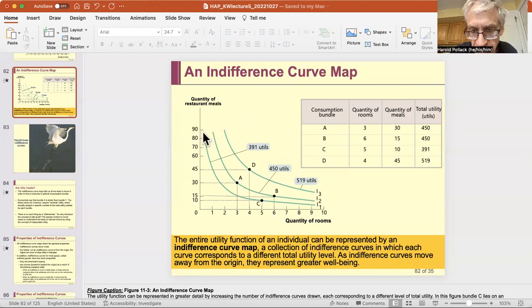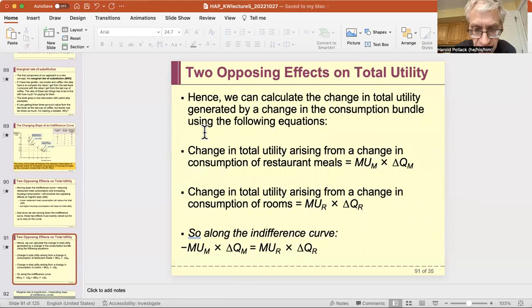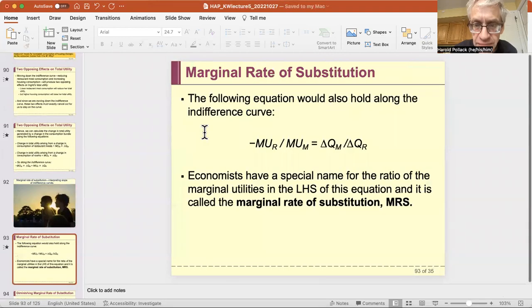It's the marginal utility of the rooms divided by the marginal utility of the meals at this point. And the marginal utility of a meal at this point is a very small number because I have so many meals. So I get a really big negative number because the marginal utility of the rooms is a lot bigger at this point than the marginal utility of the meals. That's what's showing up in this formula, and that's the marginal rate of substitution.